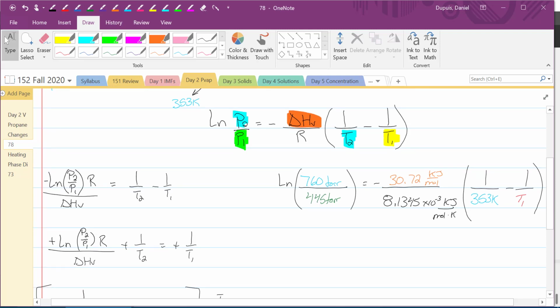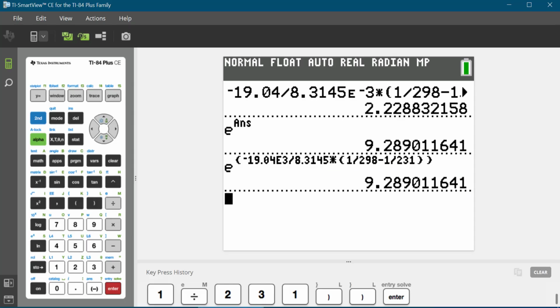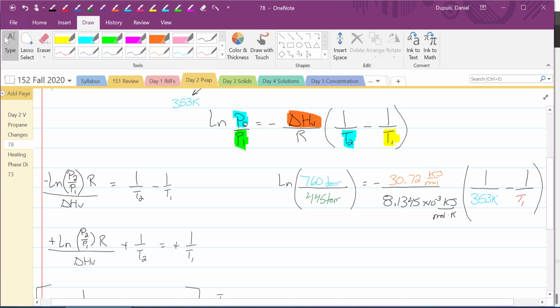Alright, so the first thing you have to do in this way is right here, natural log. So you type in natural log of 760 over 445. So ln 760 divide 445, and you get an answer, 0.535. Alright, so 0.535, units are gone.